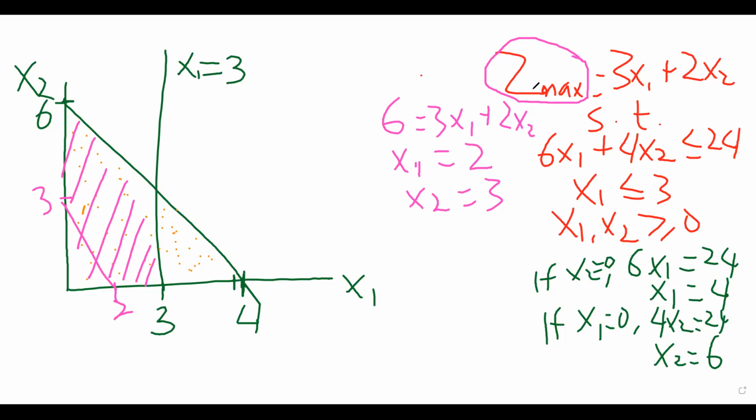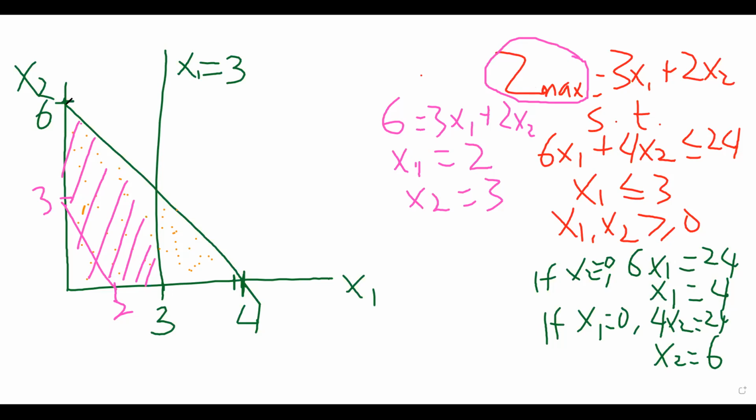Now, the next thing you want to do is to increase the numbers. And I would like to tell you how you should easily connect without even drawing. And of course, you have to draw. Now, if you shift this isoprofit line upward, it is going to eventually sit on this 6 and 4 line.